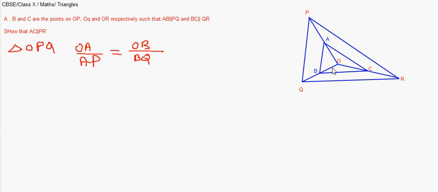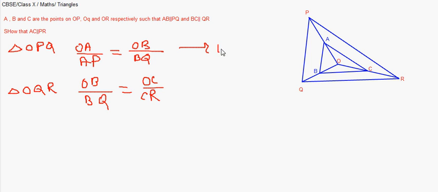On the other hand, look at the triangle OQR. It was said BC is parallel to QR. Therefore, in triangle OQR, OB by BQ is equal to OC by CR. This is suppose our first equation and this is the second one.